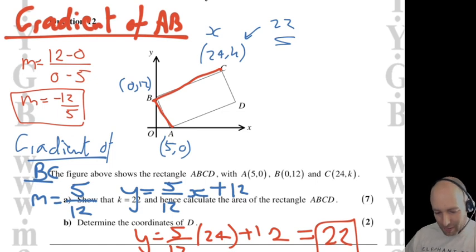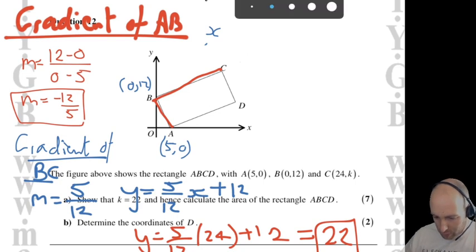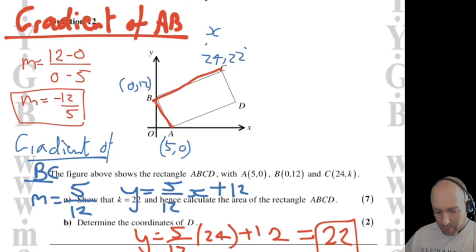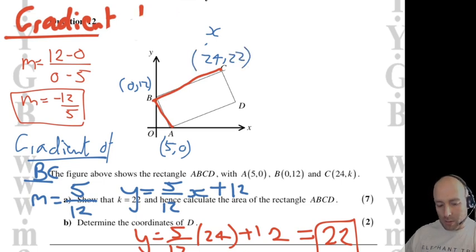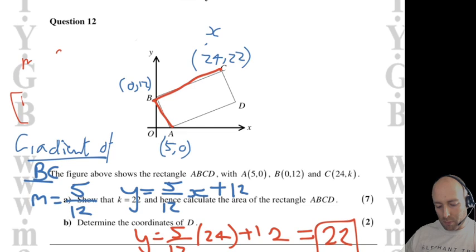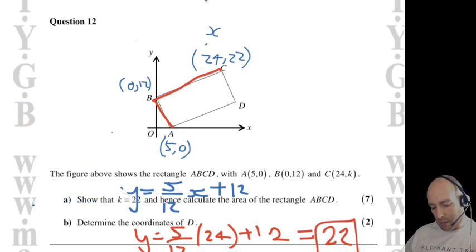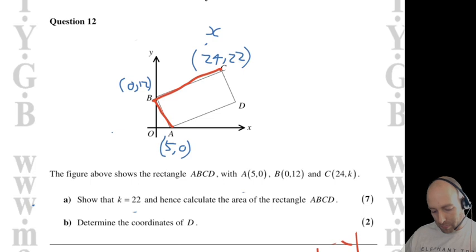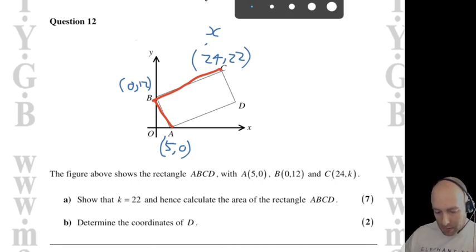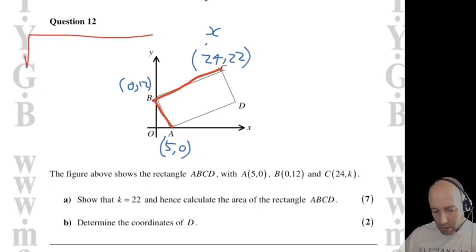So let's update this coordinate to 24, 22. We're going to find the length of both the red lines that we've done so far. We can times those to find the area. So length of BC is going to be the square root of 22 take 12 squared plus 24 take 0 squared.